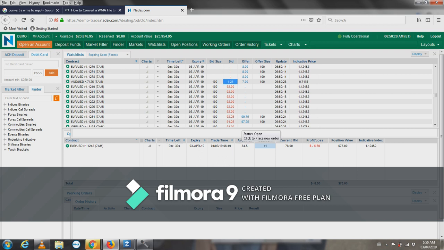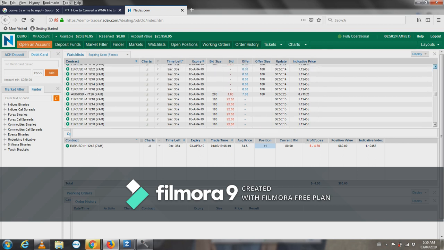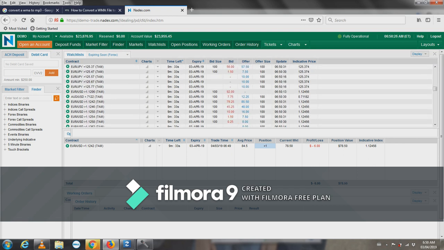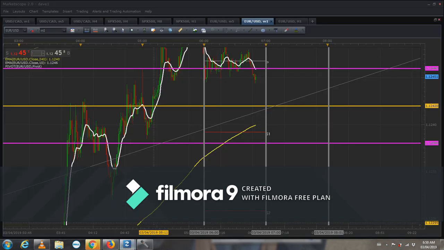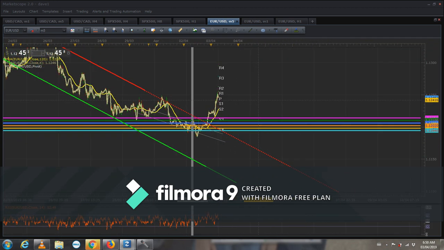It's only a $3 trade. I don't think that's going to happen. It's not really in that range yet, so it's not getting any activity. This one's getting the activity right now. 1242. And the 1246 is getting a lot of activity too. Yeah, because it's like right here.